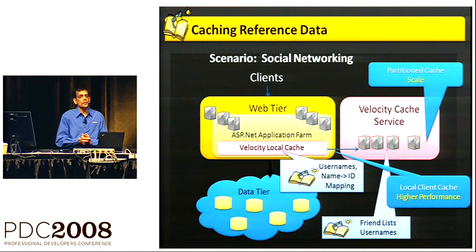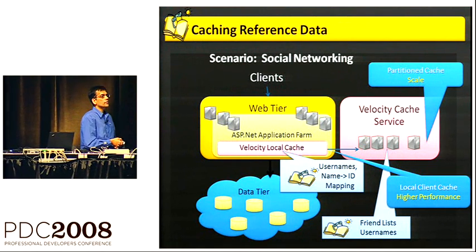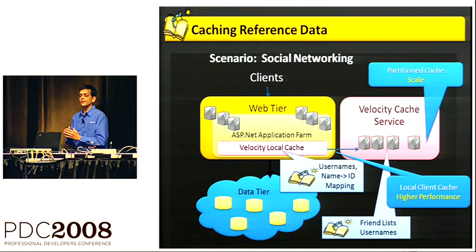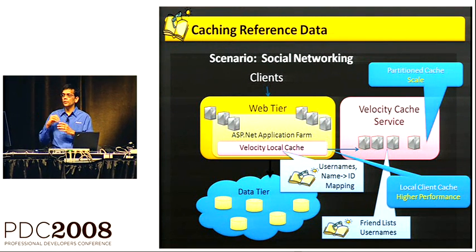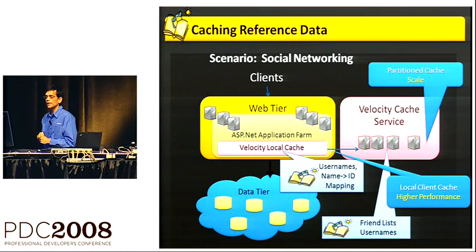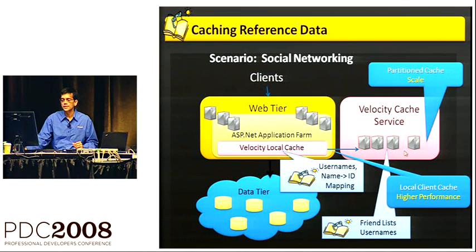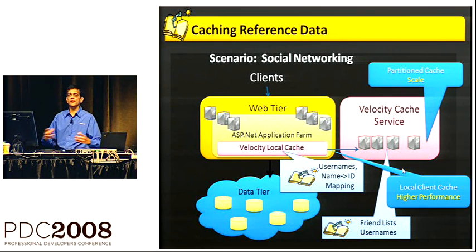Putting it all together. Now that we've gone through all these APIs and features, let's put it all together. If you come back to your reference data, the social networking, where can Velocity fit? What features of Velocity can help you there? You can obviously use Velocity as a cache service. You can put all your friend lists and usernames in this massive Velocity cache service.